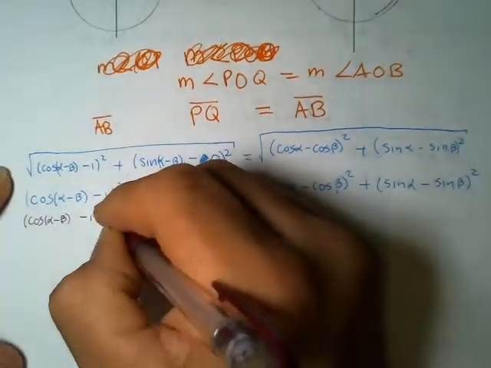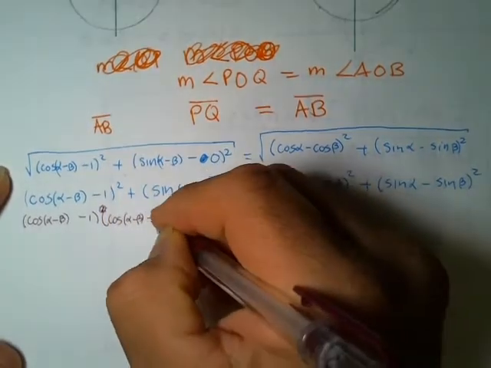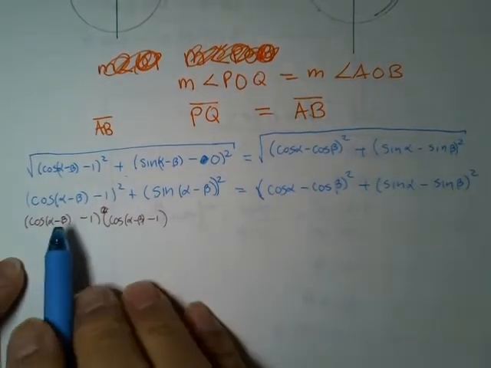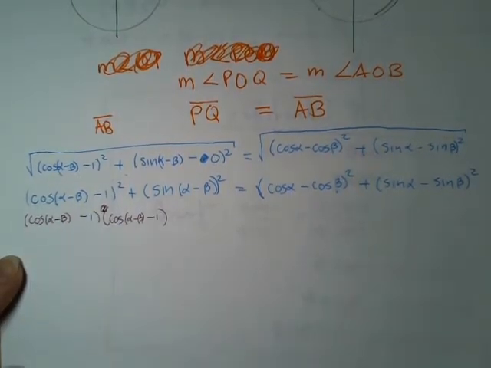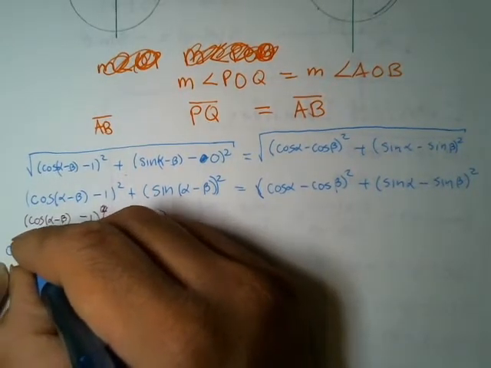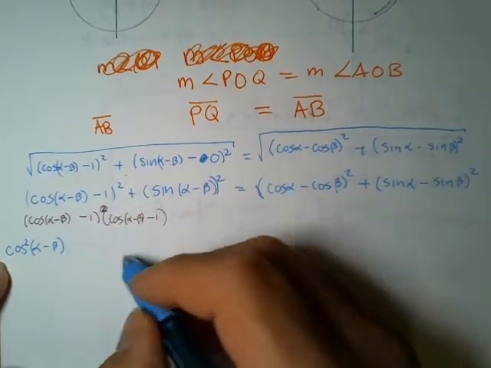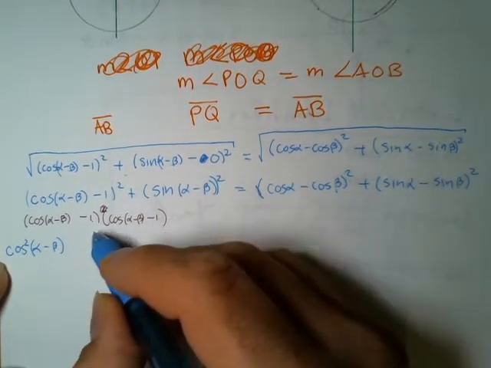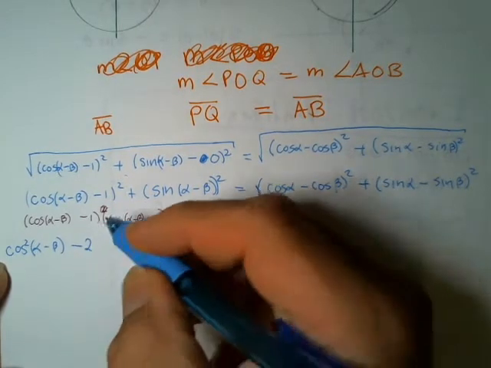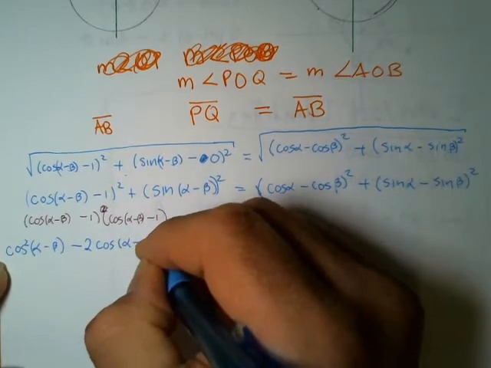Cosine alpha minus beta minus 1. All right. So the first term is the same. So we have cosine squared alpha minus beta. Outer term minus cosine alpha minus beta. Inner term minus cosine alpha minus beta. So that gives me minus 2 cosine of alpha minus beta.